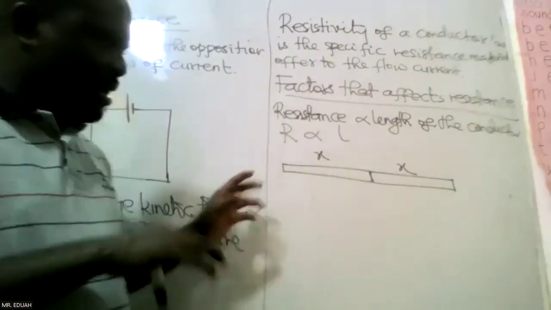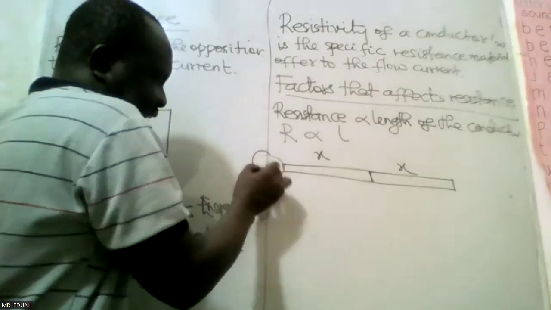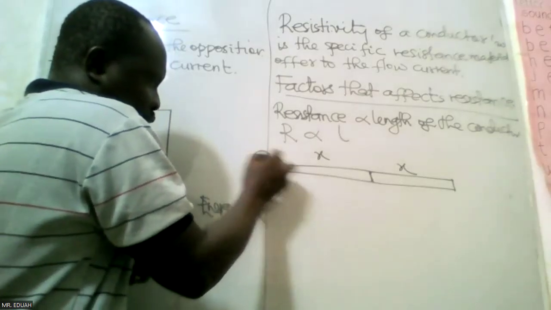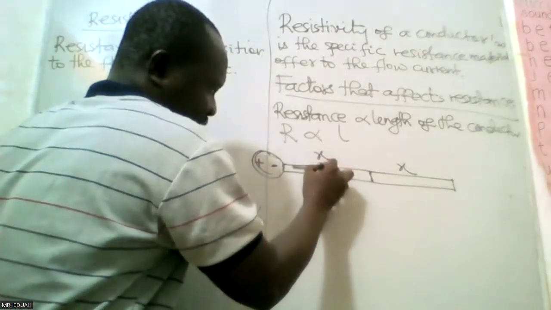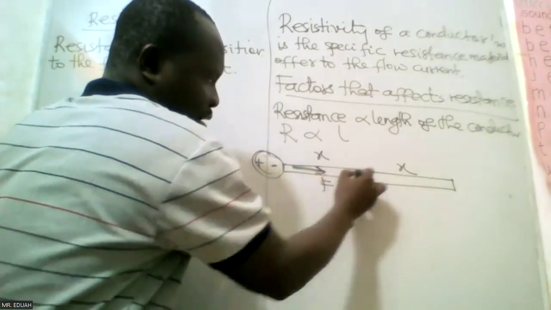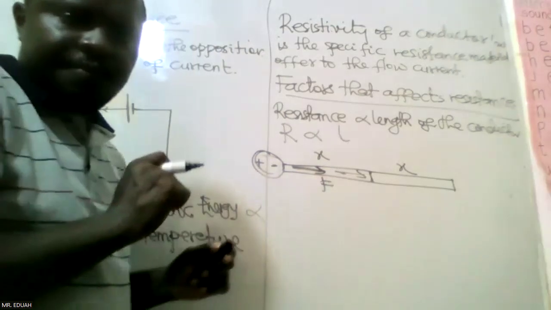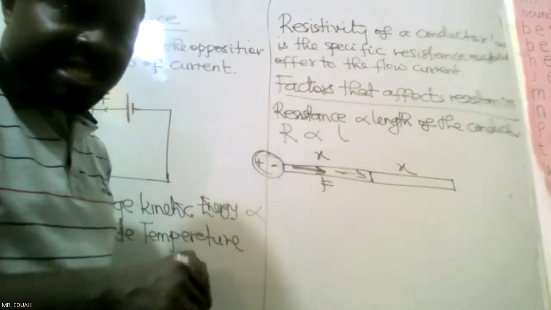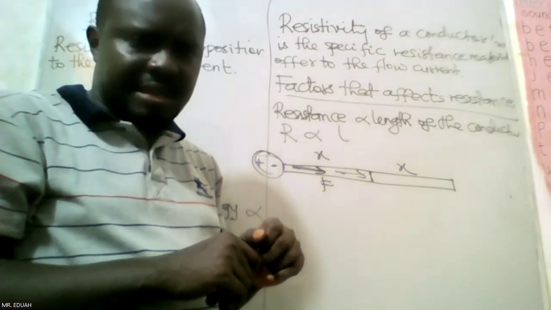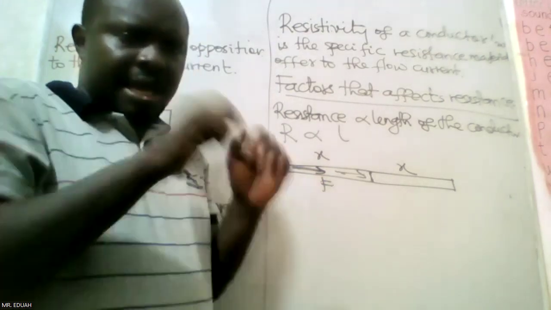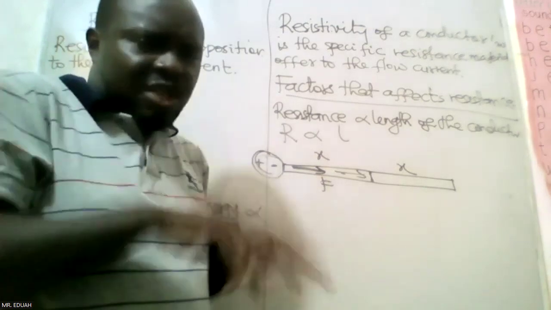So when the EMF is set up within the conductor, there is an electric field. The electric field would increase temperature. When temperature is increased, the particles will vibrate.